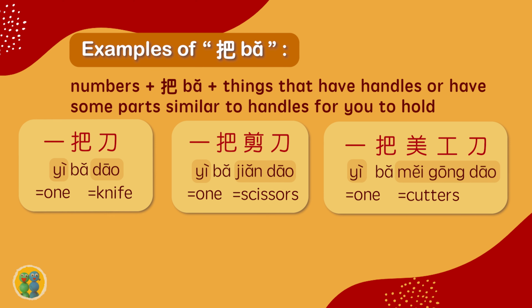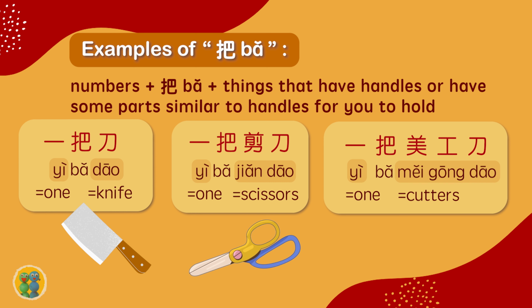Examples of 把. 一把刀. It means one. 刀 means knife. 一把剪刀. It means one. 剪刀 means scissors. 一把美工刀.